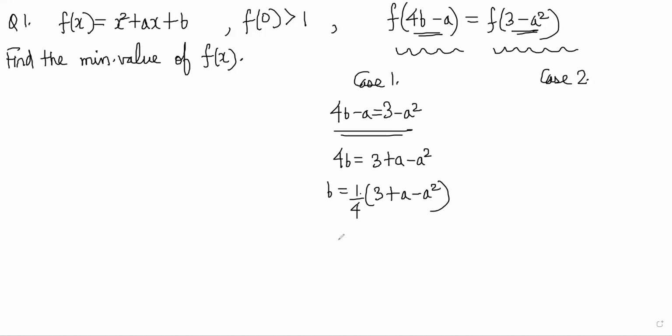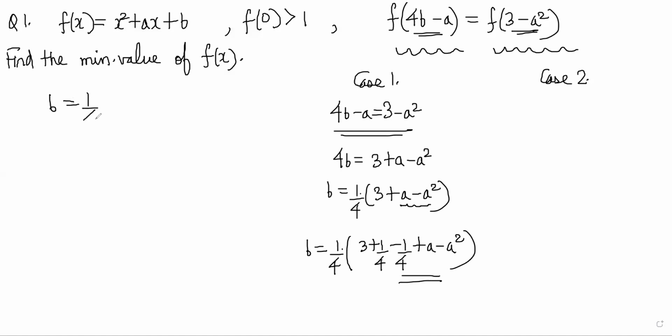And if we rewrite this expression a little bit, we can make the complete square here by adding 1 by 4 and subtracting 1 by 4: 3 plus 1 by 4 minus 1 by 4 plus a minus a square. I'm trying to do this only to make a perfect square here, right? So b is equal to 1 by 4 times 13 by 4 minus a minus half whole square, right? This is what is coming.